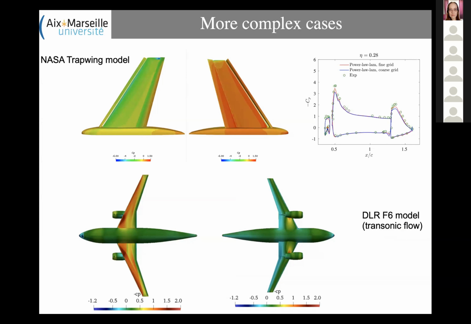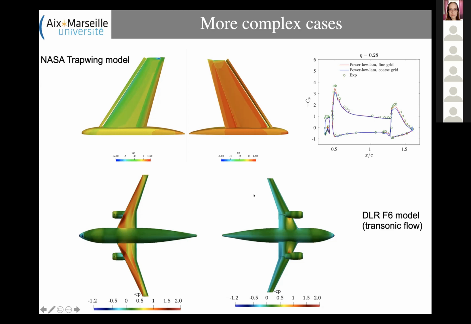All the physics is there because you have the slats, you have all the details of the high-lift system, and you can see that experimental data correspond to pressure on the model at some locations. Both on the fine and the coarse grid, we are pretty close to the experimental data on all parts of the high-lift system.